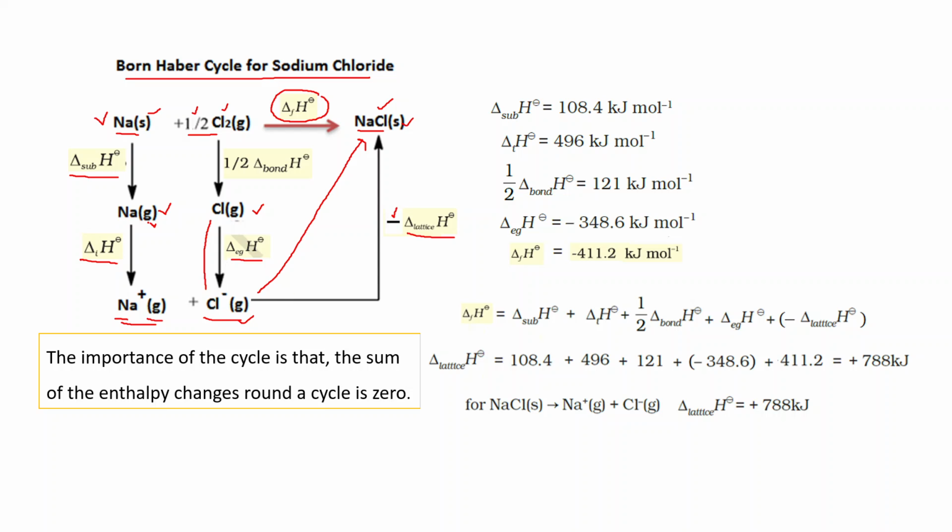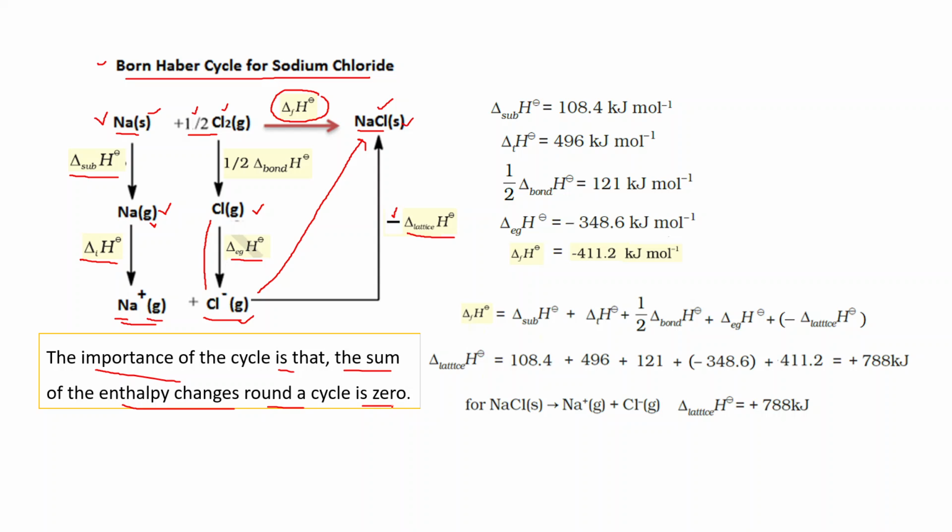That's why we can say this is one cycle, and that cycle is known as the Born-Haber cycle. The importance of the cycle is that the sum of the enthalpy changes around a cycle is 0.